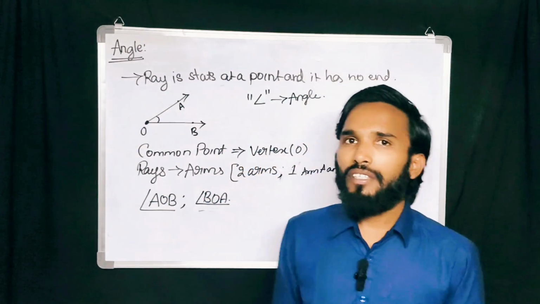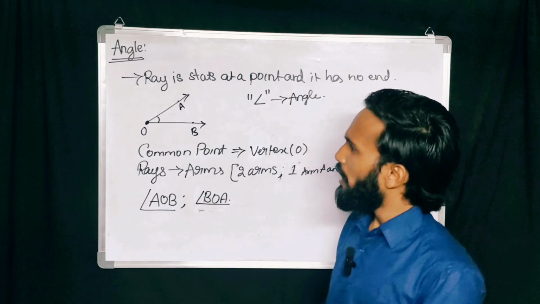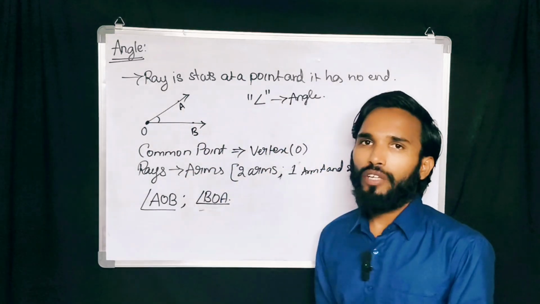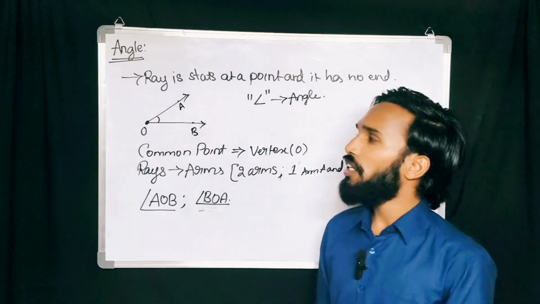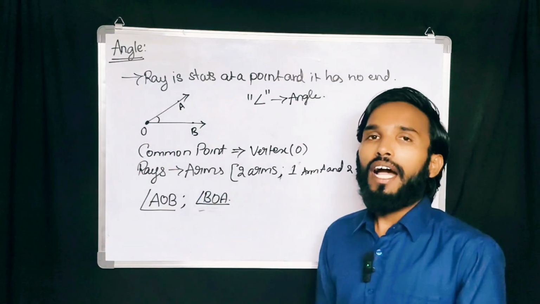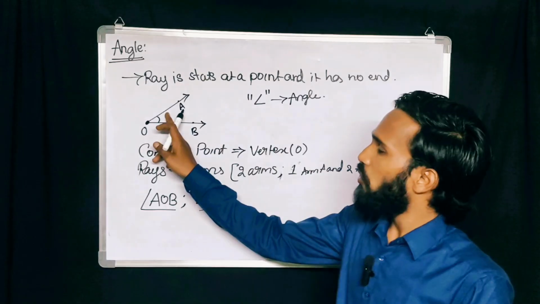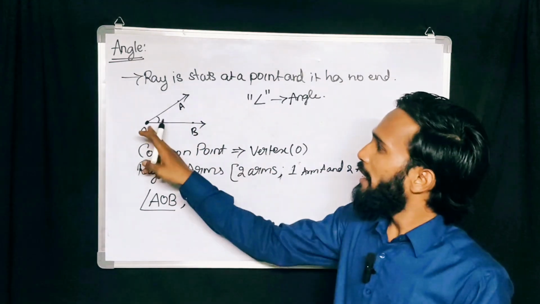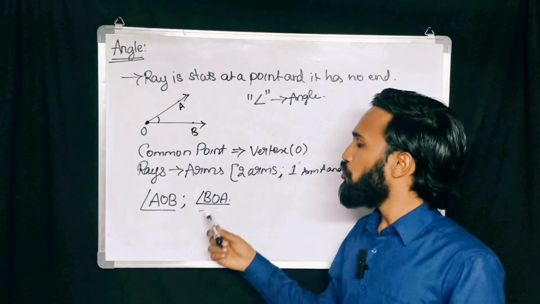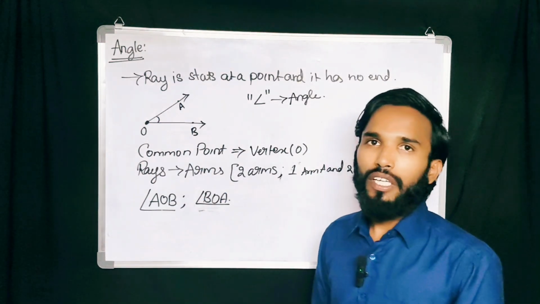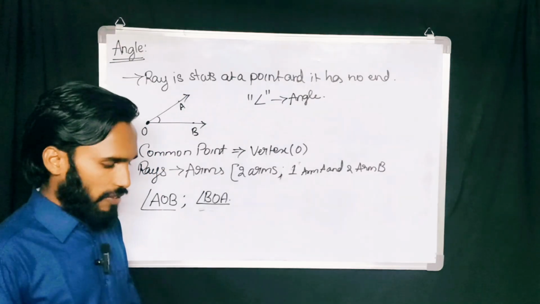If you observe one thing, the O is standing in the same place in both ways of writing, whether BOA or AOB. Why? Because it is the common point, called the vertex, and it should be in the middle of the two arms. Here this is ray A and this is ray B, and the vertex is between the two rays. So the common point should be in between these two arms only. This is how we name the angle, and this is how the angle forms.